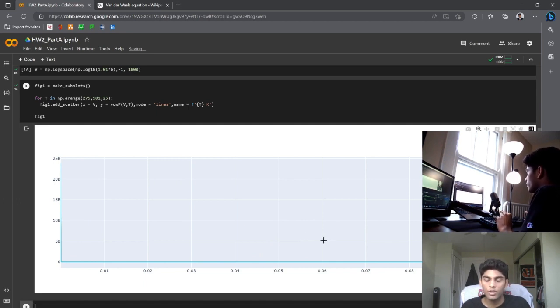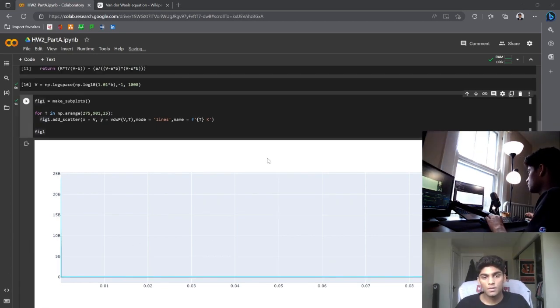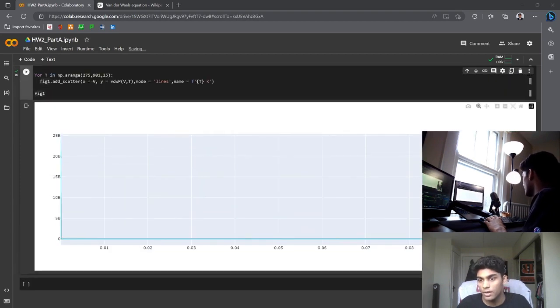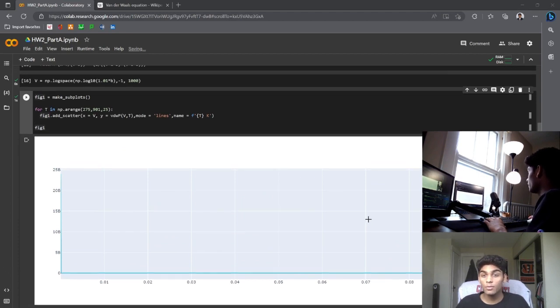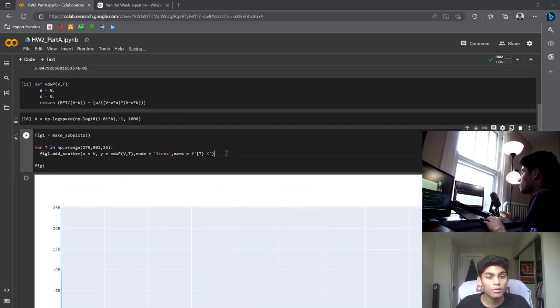So let's try and massage this a bit, reformat it, make it look real nice. Now that we have a plot, we see it goes to 900 Kelvin. You really can't see that, but if I scroll up, you can. All that's left to do now is reformat it, make it look nice and pretty.